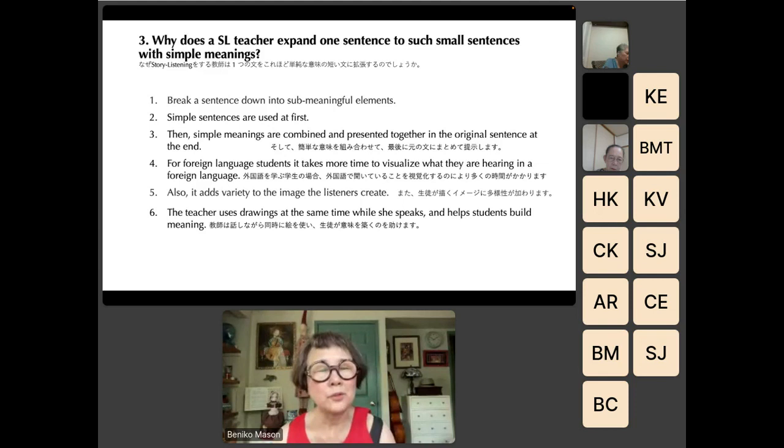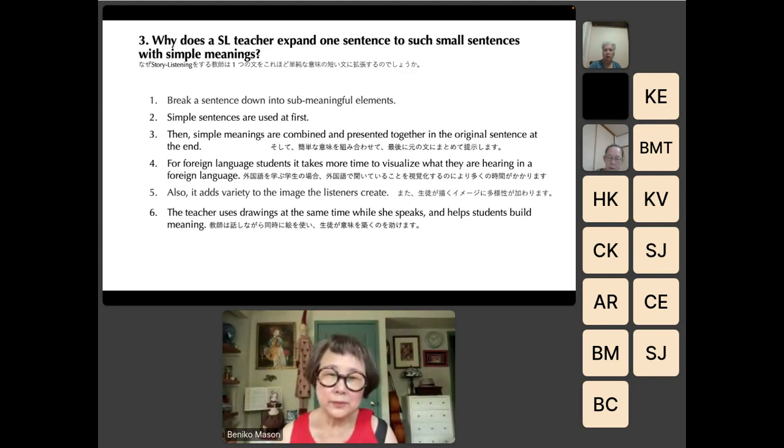So I hope you saw how it worked when I explained it with the example earlier. So for number 4, for foreign language students, it takes more time to visualize what they are hearing in a foreign language.